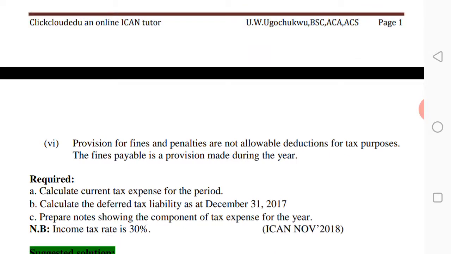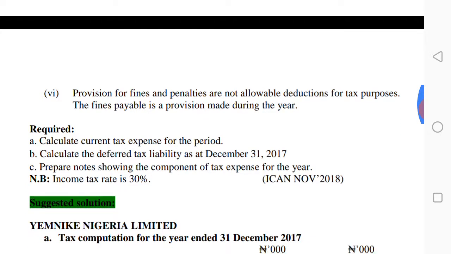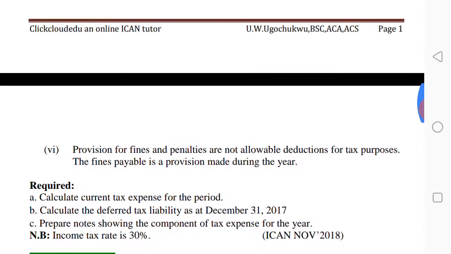And this is using the tax laws or rules, which is you have to add back disallowable expenses and deduct allowable expenses, or add back allowable income and deduct disallowable income.